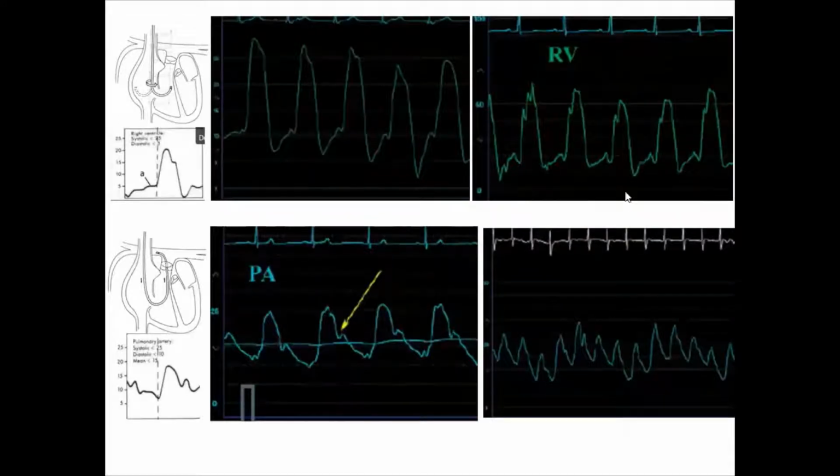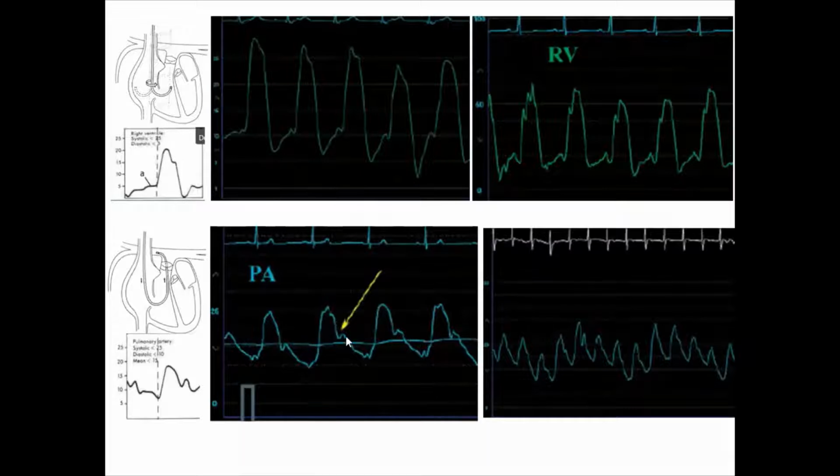If you have, for example, pulmonary hypertension, the RV systolic pressure will be very high; normal is up to 25. Here in the upper right, we can see a systolic pressure of more than 60. So this is the RV tracing in case of pulmonary hypertension.